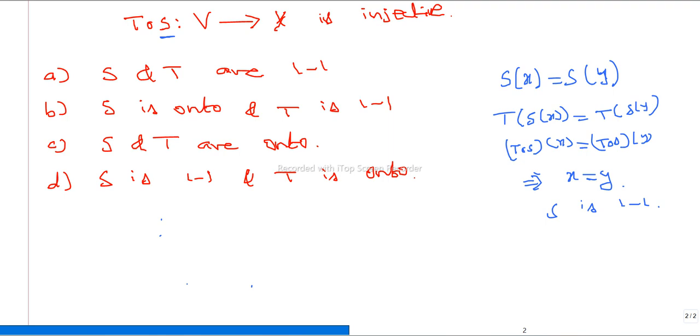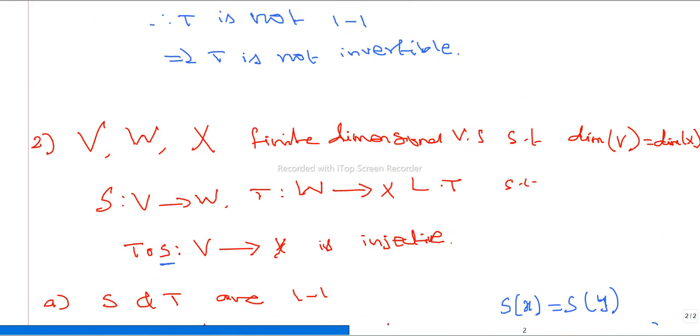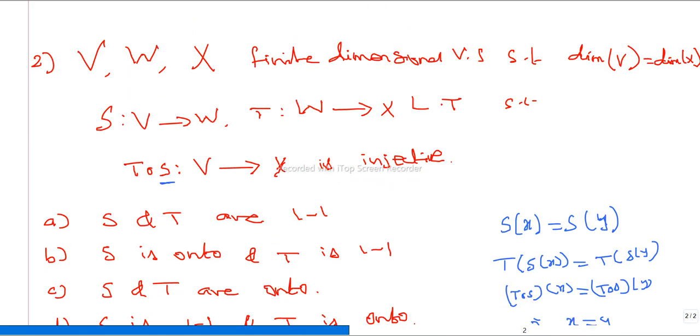So we can say that the dimension of V is greater than or equal to the dimension of X. It is clear. It is actually equal, because the problem itself gives that the dimensions are equal. Yes, sir, it's good.